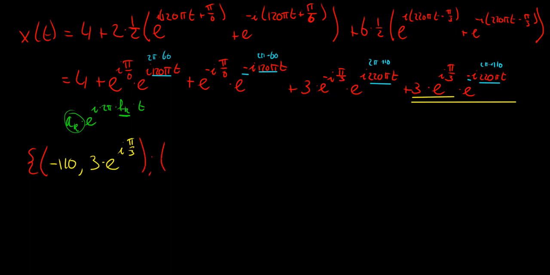Now for the next one. The next lowest one is minus 60. So we're looking at minus 60 and its complex exponential here. So we get minus 60, comma, what we see as a complex amplitude is e to the power minus i pi over 6.